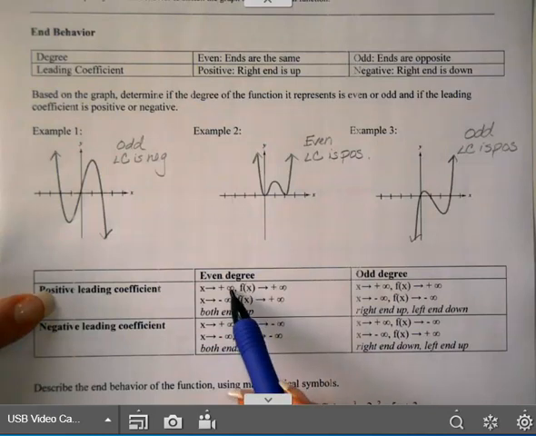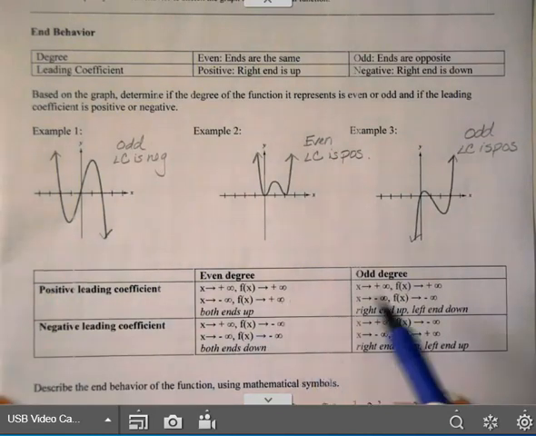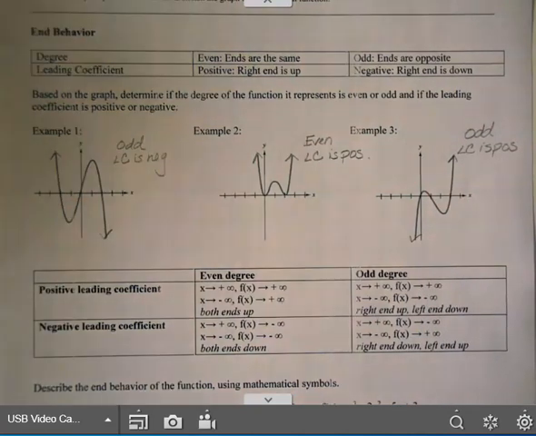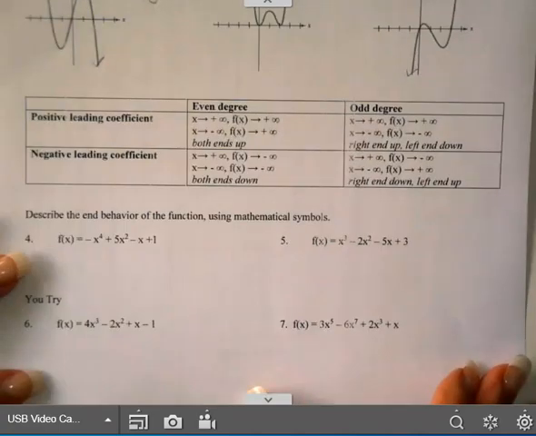So this is telling you x to the right, x to the left, what's happening, and then you're going to tell me what y does. Same thing, you can read the chart for the rest of them, or you can just look up here, that one explains it as well. So we're going to use that notation as we decide what the graphs do.